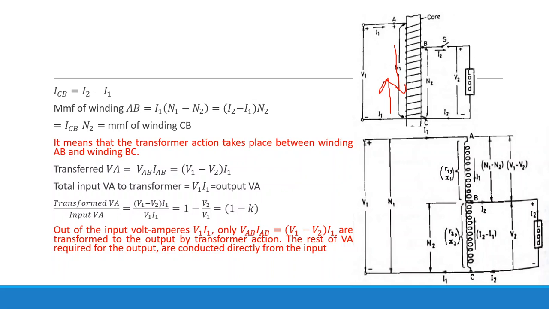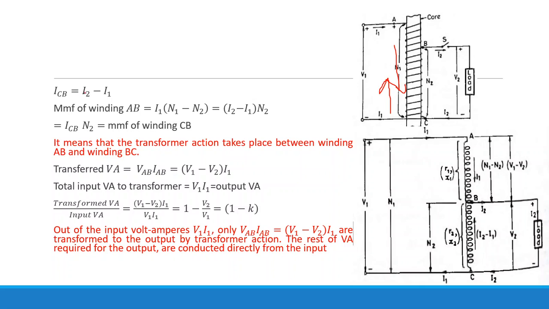So we can determine the value of current in this winding, that will be given by I2 minus I1. Why are we saying I2 is considered greater than I1? Because your V2 is considered less than V1.